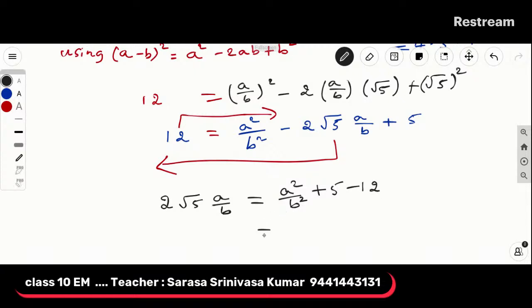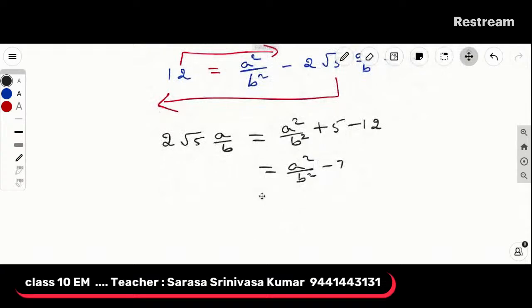So this can be written as a square by b square minus 7, which can be further simplified as (a square minus 7b square) by b square.